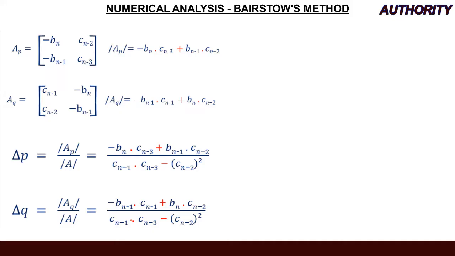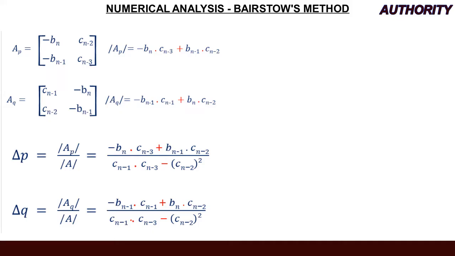You perform synthetic division. From synthetic division, you are going to get new P. What is that new P going to be? It's going to be the P that you have plus delta P. You are going to get new Q. What is your new Q going to be? It is the old Q that you have plus delta Q. So how can you get delta P and delta Q?